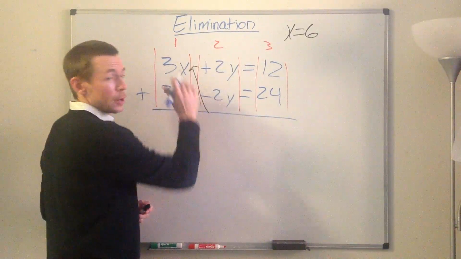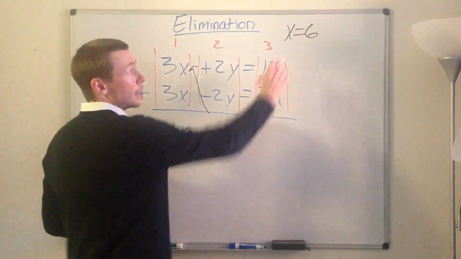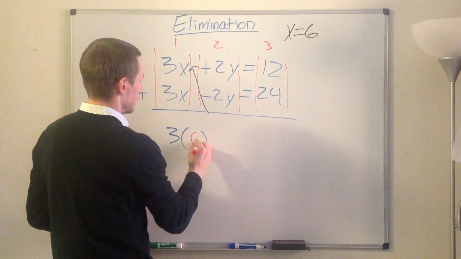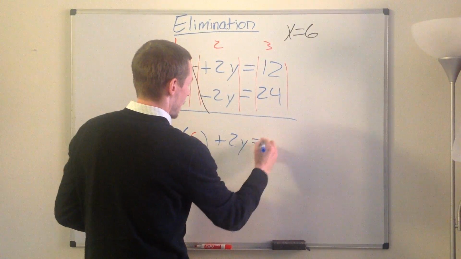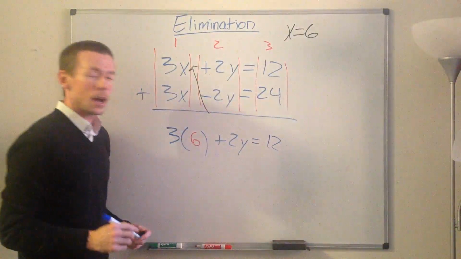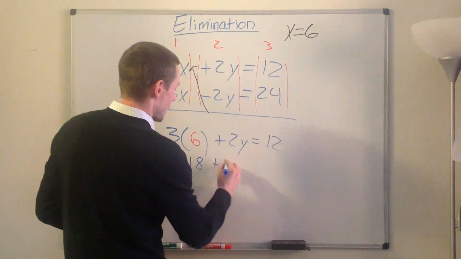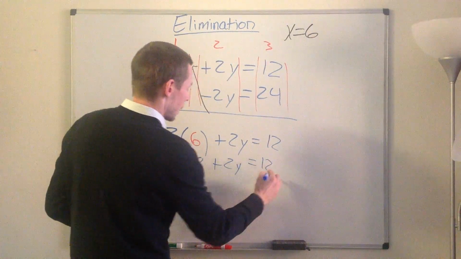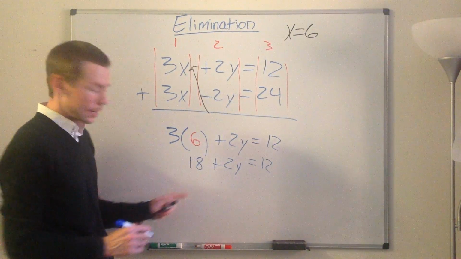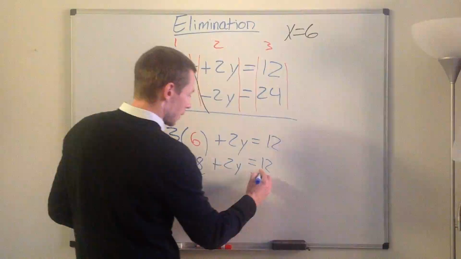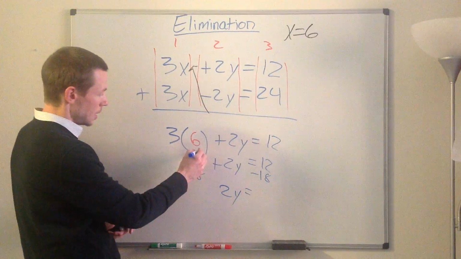So using this top equation right here, 3, and then in parentheses, I know x equals 6. I'm going to put 6. Plus 2y equals 12. Well, 3 times 6 is 18. Now, to start to get y by itself, I'm going to subtract 18 from both sides. This will cancel right here.